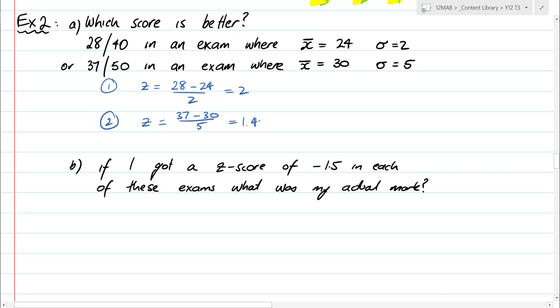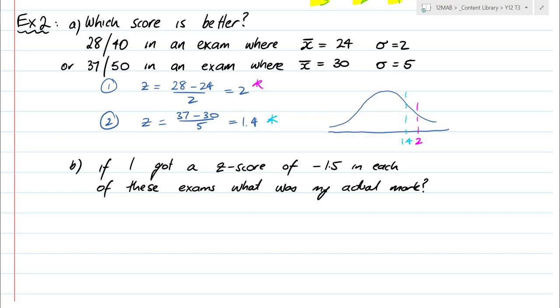In terms of looking on the normal distribution graph, student 1 exists about here at 2, whereas student 2 exists about here at 1.4. They've both done well. They're both well above the mean, but student 1 has done better, just based on averages and standard deviations, okay?